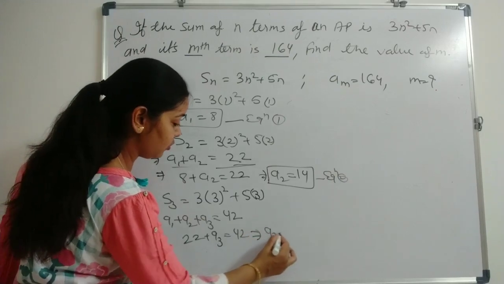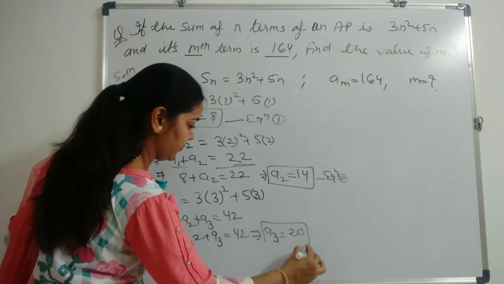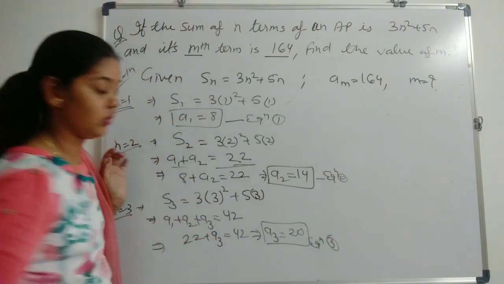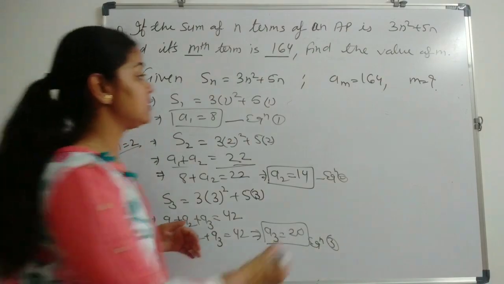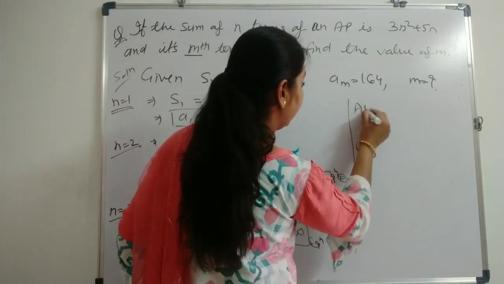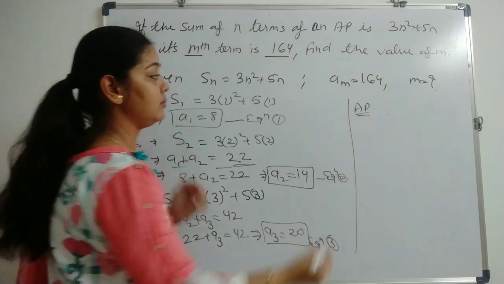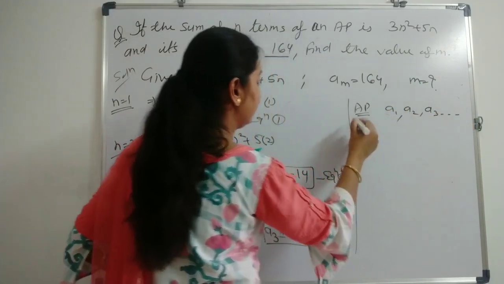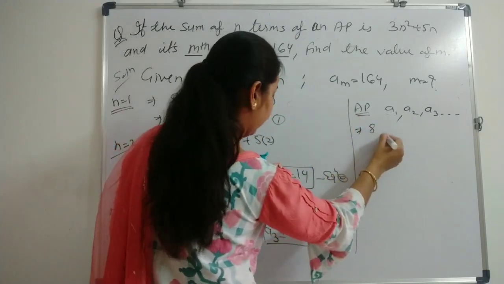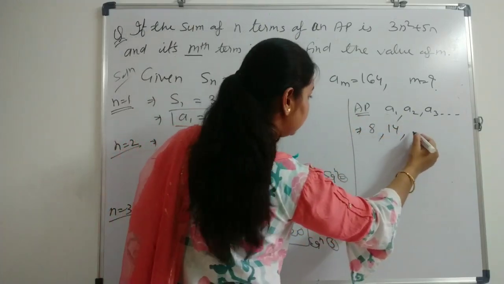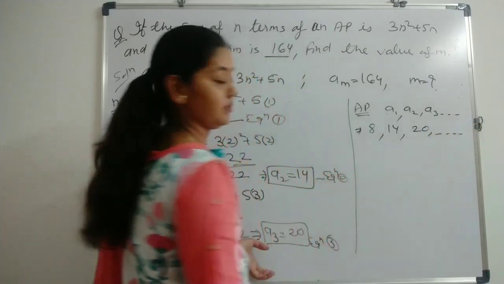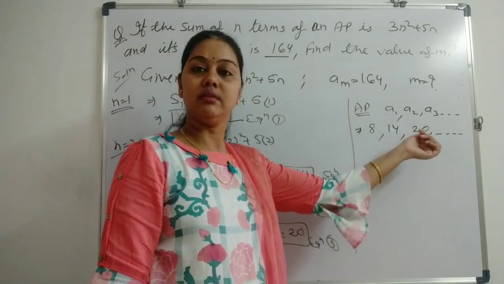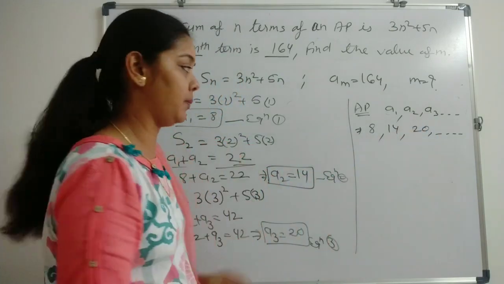It means A3 equals 20. Okay. Thus we got an AP. First term A1, A2, A3 and so on. This is 8, 14 and 20, and we can see clearly that the difference is always 6. It means it is an AP.